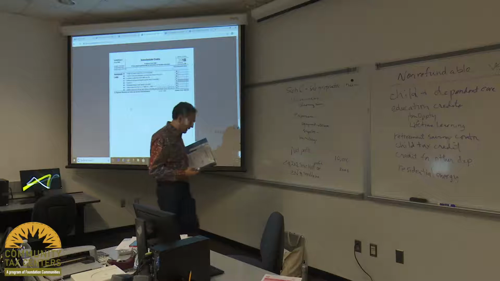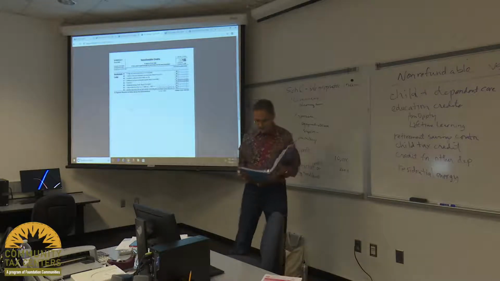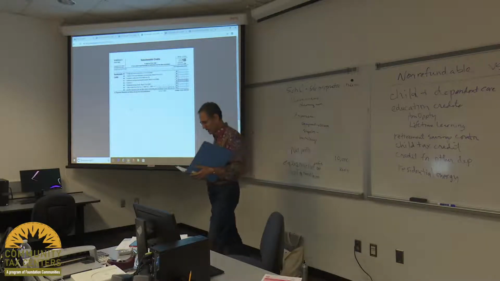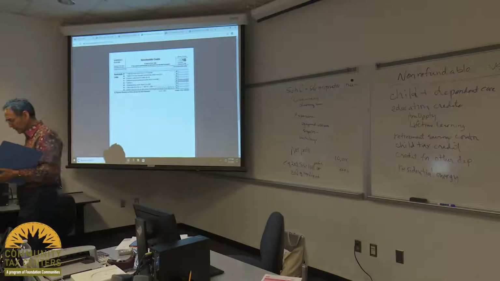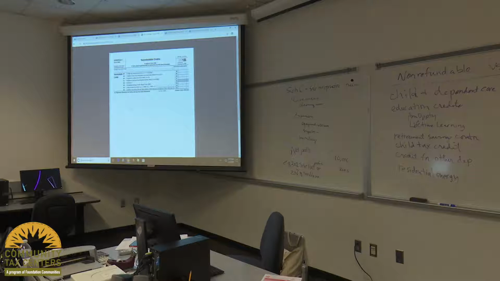And then third, a spouse who is physically or mentally incapable of self-care. And it gives us the definition of that. The qualifying person must live with the taxpayer more than half the year. And they have to do that to be a dependent anyway, so that's no different. Okay? Again, everybody be looking at G5. G5 is where all this information is, okay?